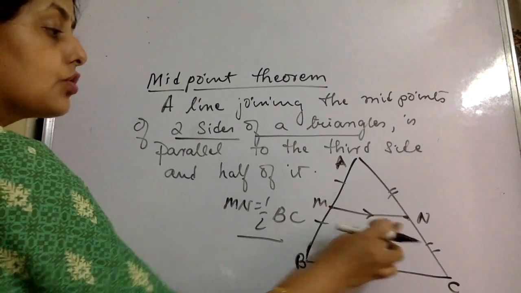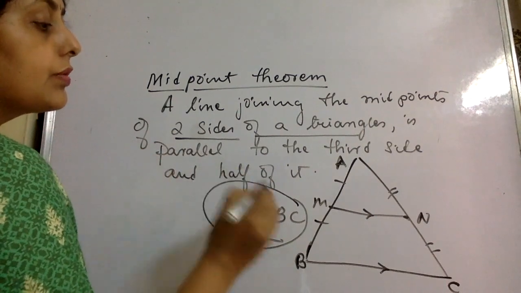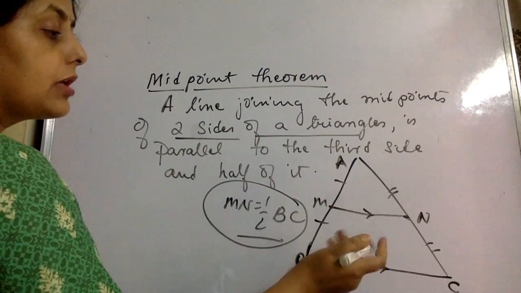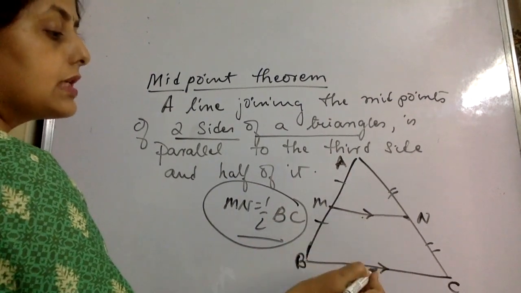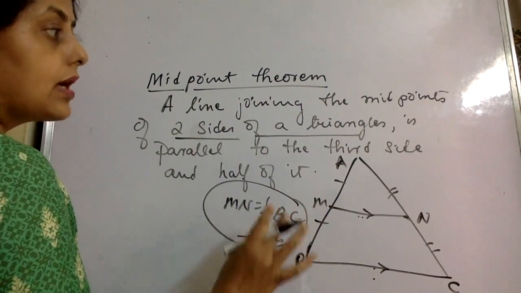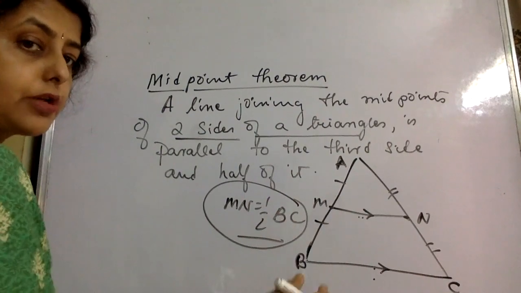Now if it is so, then this part should happen. So the given part is M and N are the midpoints, and the part to prove is MN is parallel to this and MN is half of it. Okay, so this is the midpoint theorem. After this, we are going to take up the converse of the midpoint theorem.